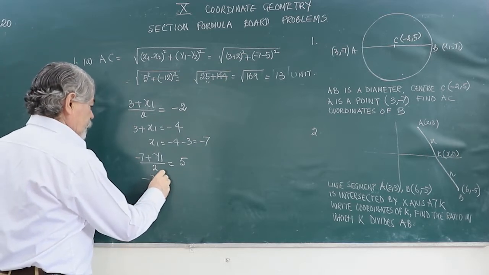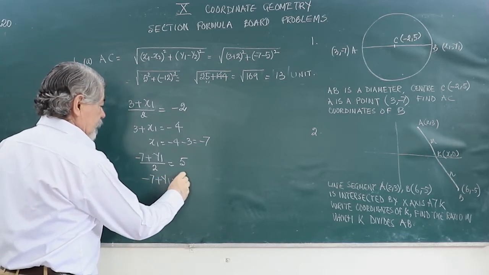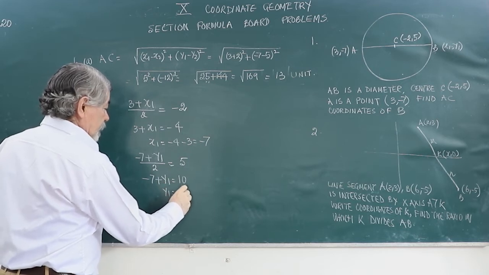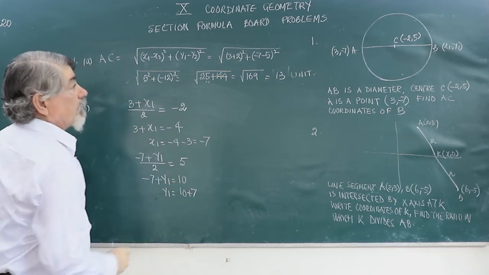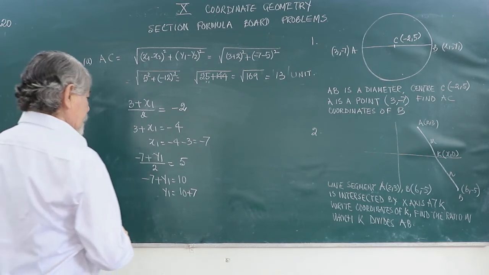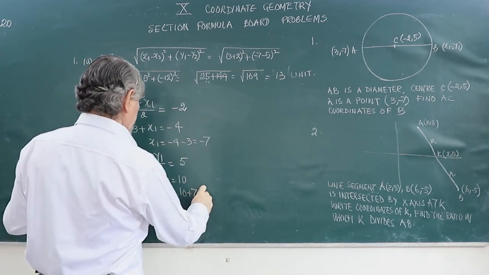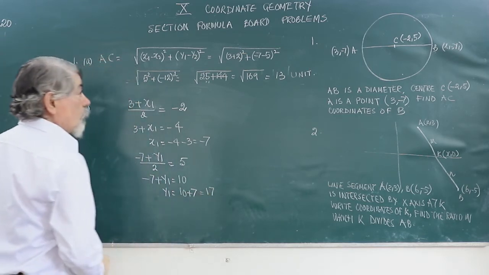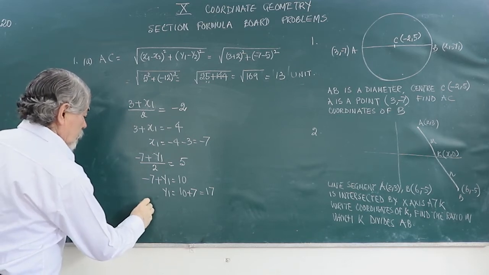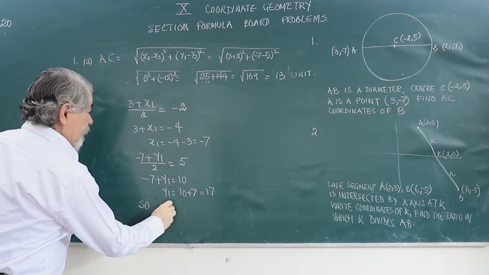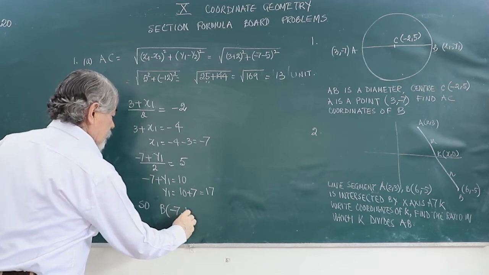Minus 7 plus y1 is equal to 10, or y1 will be 10 plus 7. It will become 17. So B will be (minus 7, 17).